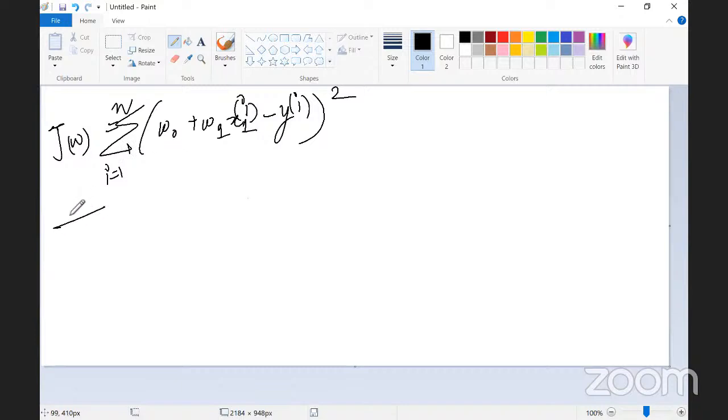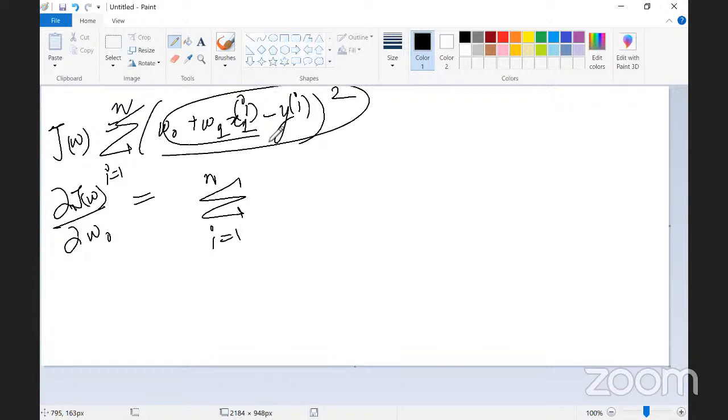Then what will happen? The derivative of J(W) with respect to W0: this 2 will come down. The summation is going to stay exactly the same, I'm not going to change that. This is the quantity we are going to differentiate.